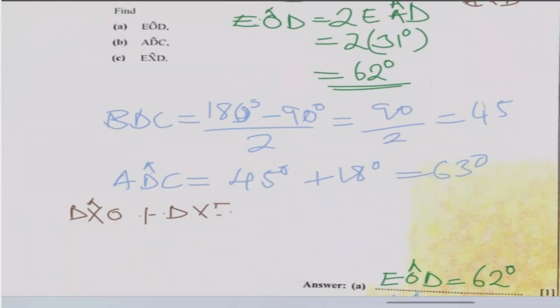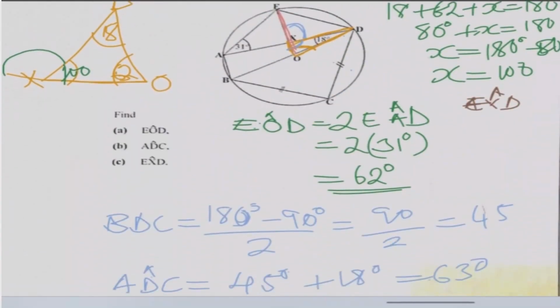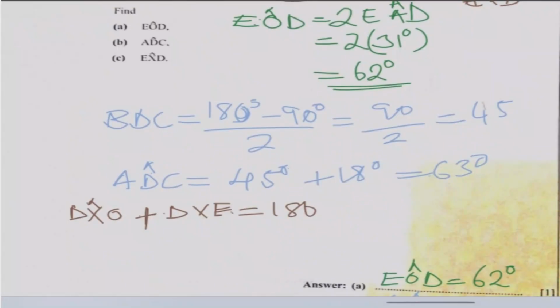These are two angles formed on a straight line, equal to 180 degrees. We found that angle DXO is equal to 100 degrees. So we say 100 degrees plus angle DXE is equal to 180 degrees.